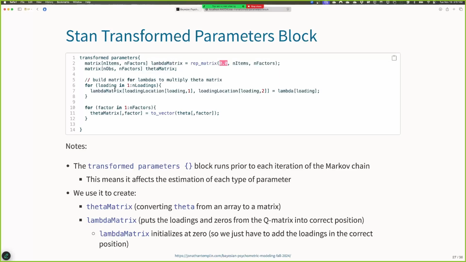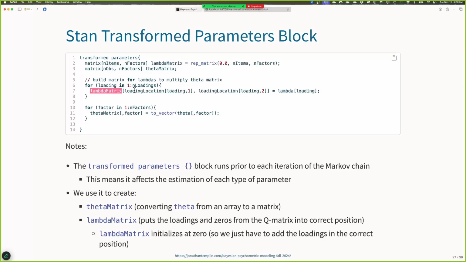Lambda matrix, I'll cover that first and I'll talk about theta matrix next. But lambda matrix then, I'm going to go for each loading I have, right? And I'm going to take its row position from the loading location and its column position from the loading location and insert that loading into lambda matrix there. How's that sound?